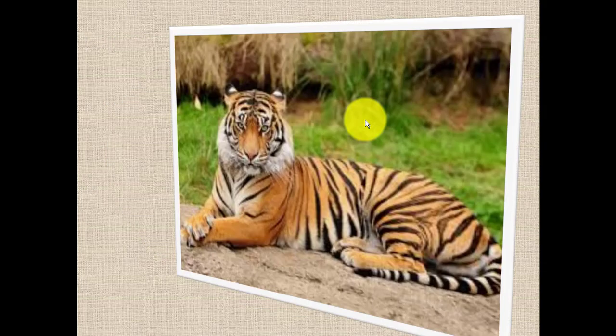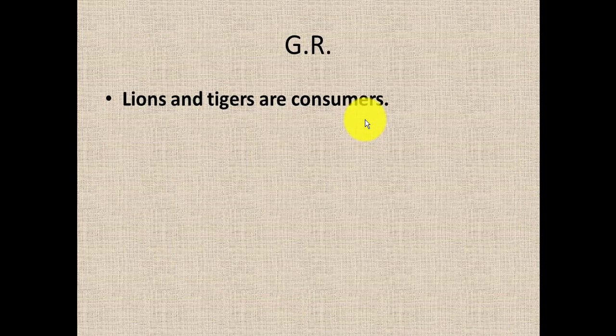This is a wild cat, of course tiger. Give reason. Lions and tigers are consumers. The answer will be because lions and tigers feed on another consumer, feed on another animal.